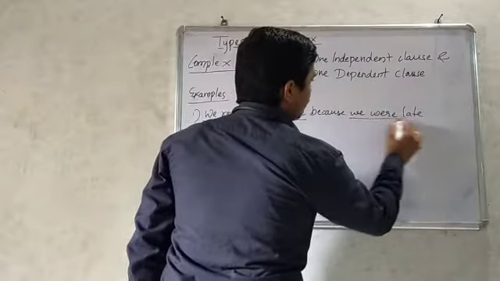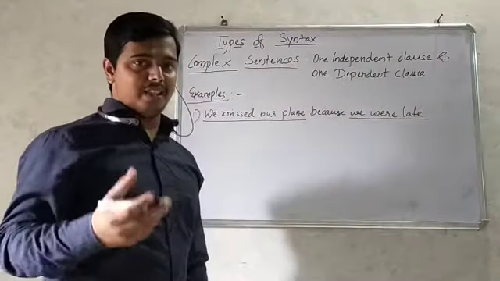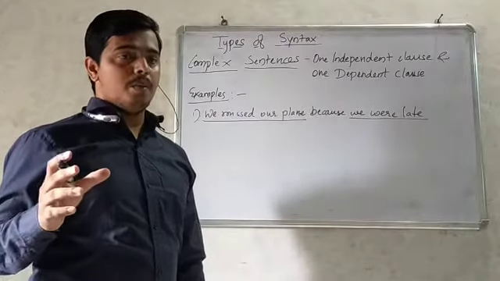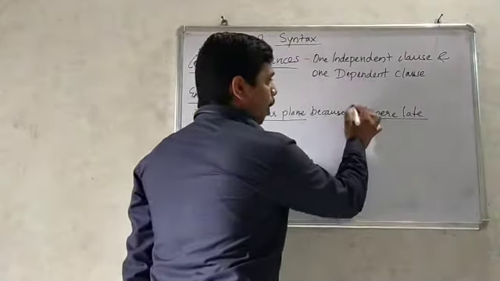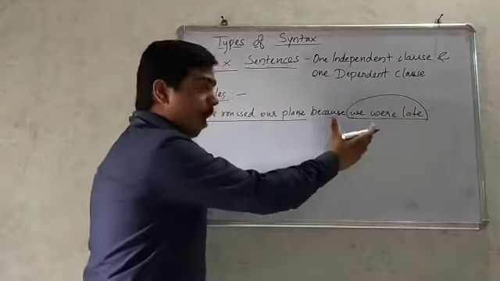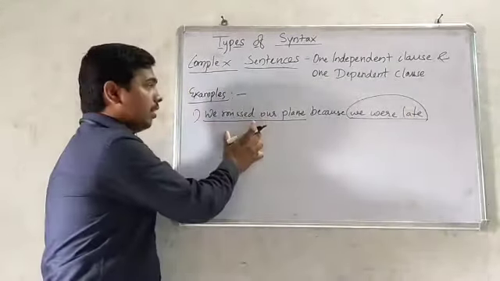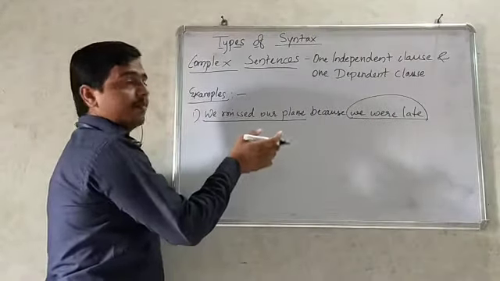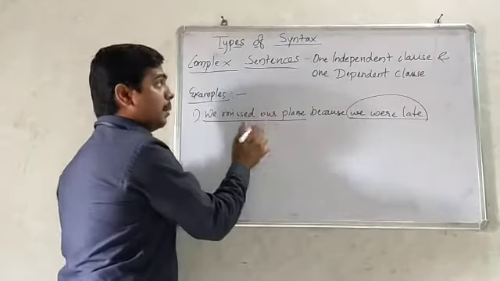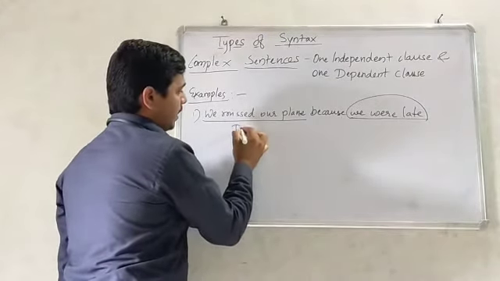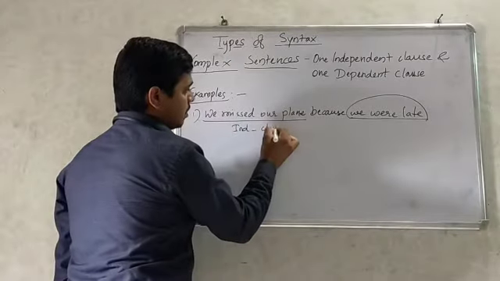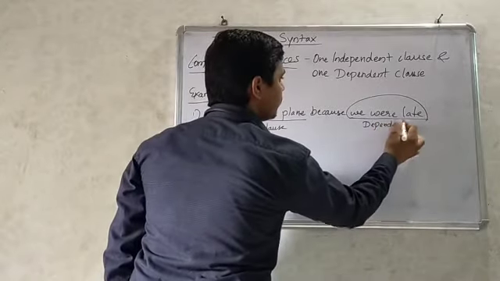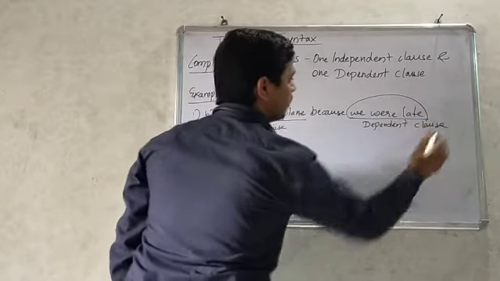But if I say, we were late, can you understand? No. Because this clause is dependent on the first one. We were late, this dependent clause depends upon the first independent clause.